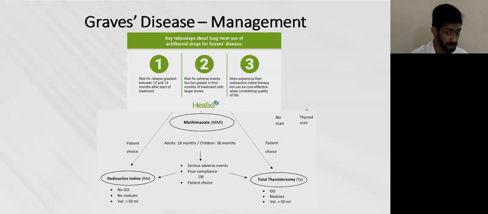Patient should not be pregnant. Patient should not have any significant nodules, and it should be a small volume so that a low dose can ablate the whole thyroid. Any of the other features, we would prefer thyroidectomy. But the definitive treatment is not antithyroid drugs, in view of very high recurrence rates once you stop the drug.